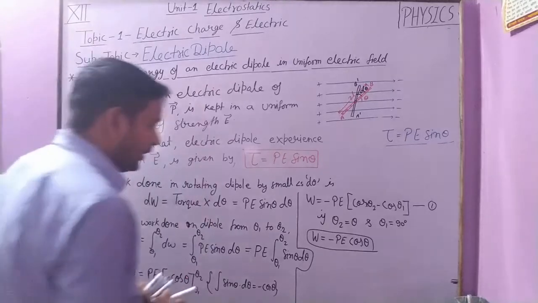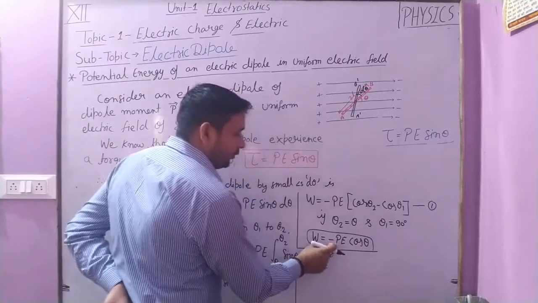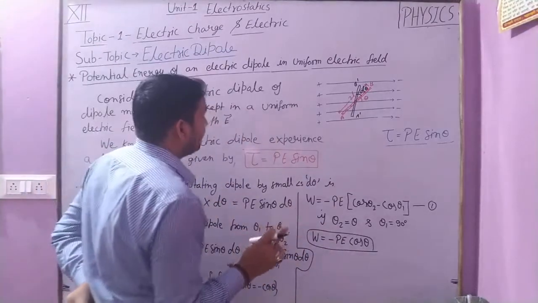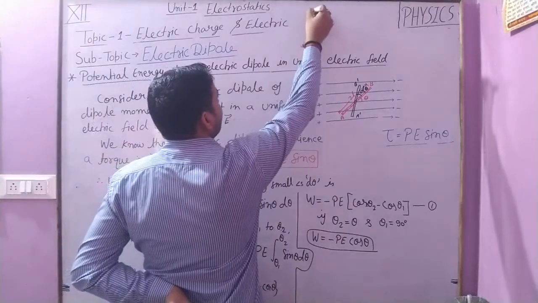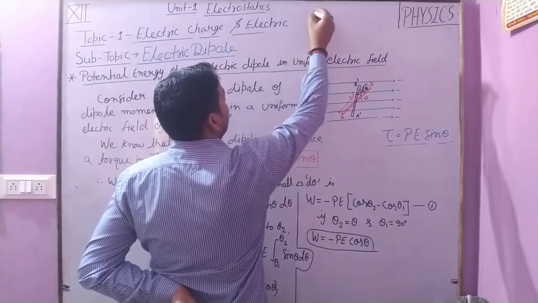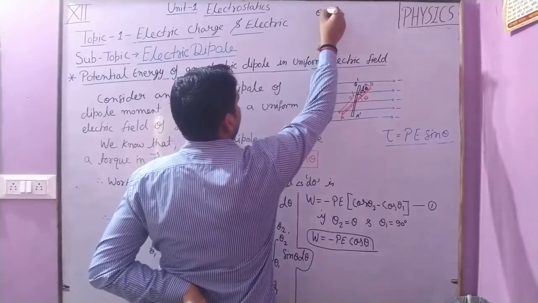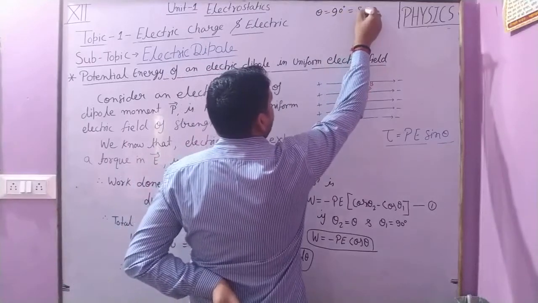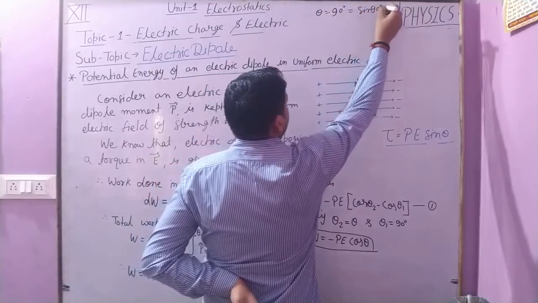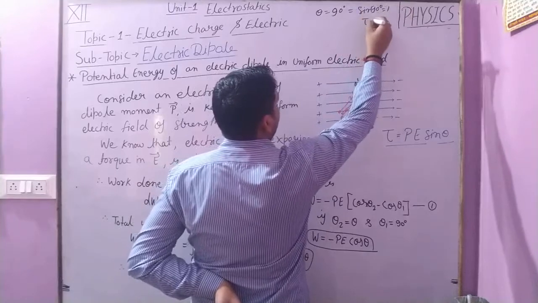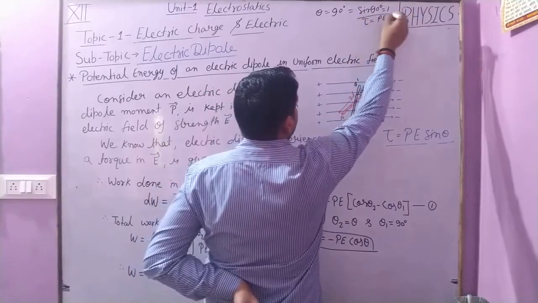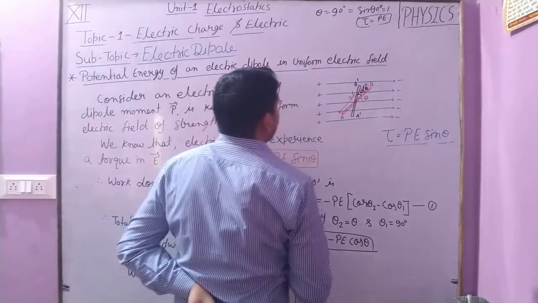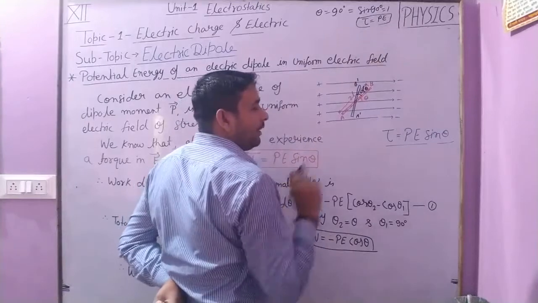Here students, as I explained in the previous lecture, if any quantity gives its maximum value at theta is equal to 90 degrees, which means sin 90 degrees is equal to 1, like the result for torque, then the quantity is a vector quantity and its product is given by the cross product.